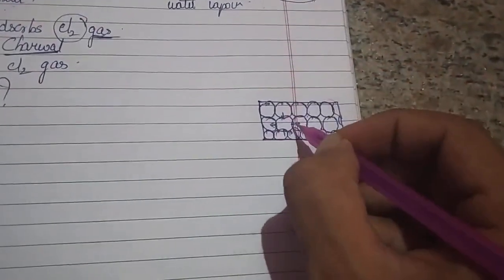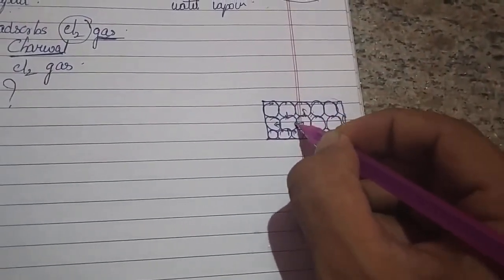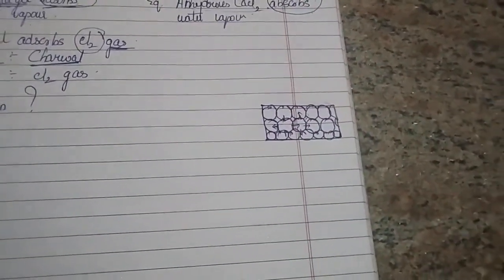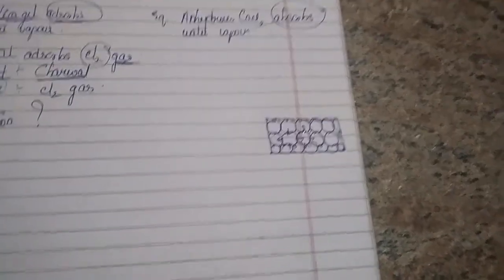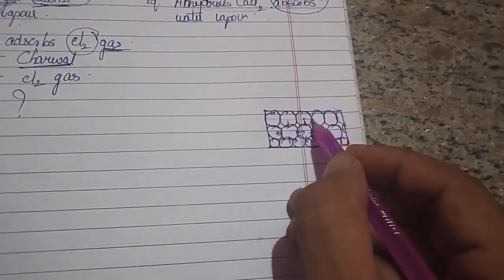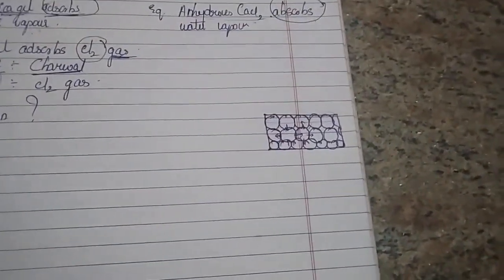You can see they have been equally attracted by their neighboring molecules. But now the question arises whether the same force exists on the molecules at the top. Of course not.